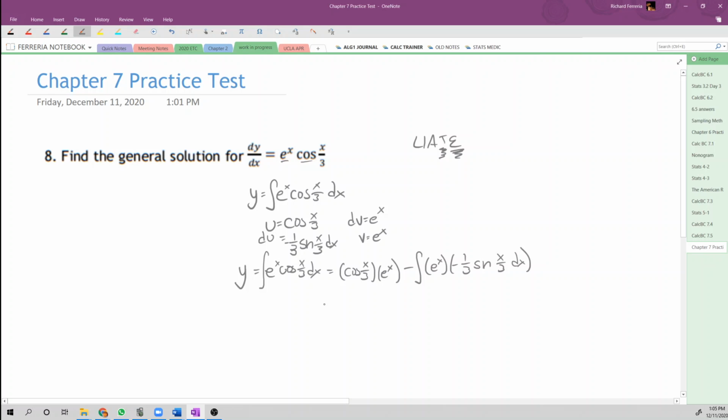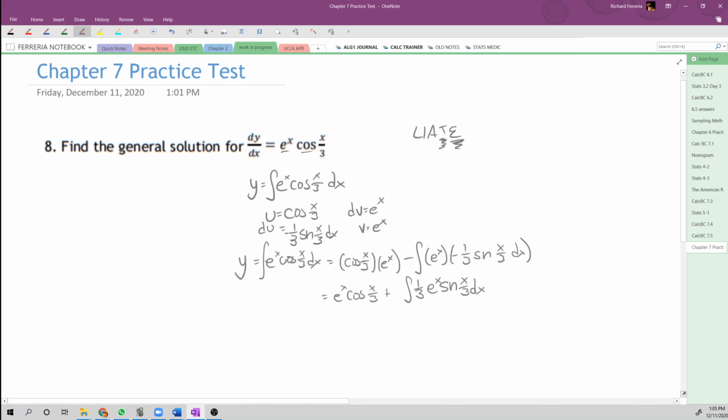Clean that up a little bit and we get e^x cosine(x/3) plus the integral, actually, let's keep that 1/3 inside the integral. I think it's a little easier if we keep it that way. 1/3 e^x sine(x/3) dx.